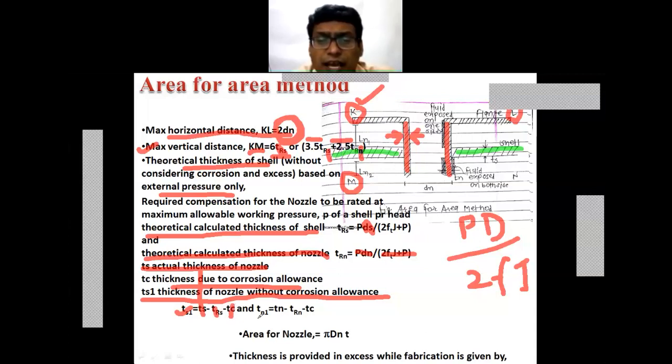Similarly, Tn1 is the thickness of the nozzle in excess. Tn is the actual thickness of the nozzle minus Trn, the theoretically calculated thickness of a nozzle, minus Tc, the corrosion allowance that is provided.